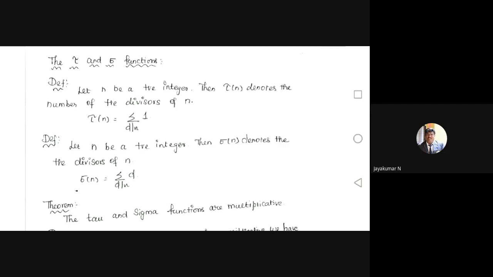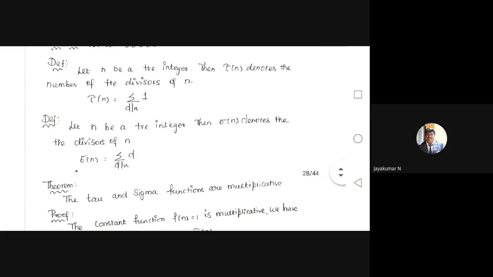Which can be calculated by using this equation: tau of n is equal to the summation over d dividing n of 1, where d are the divisors of n. Then the sigma function. Let n be a positive integer, then sigma of n denotes the sum of the divisors of n.